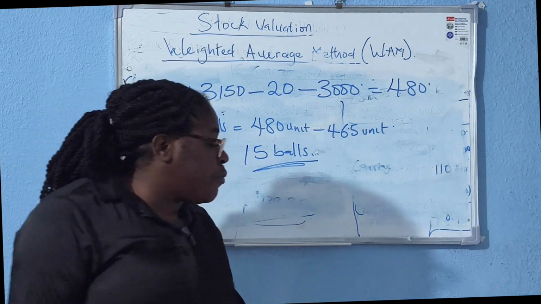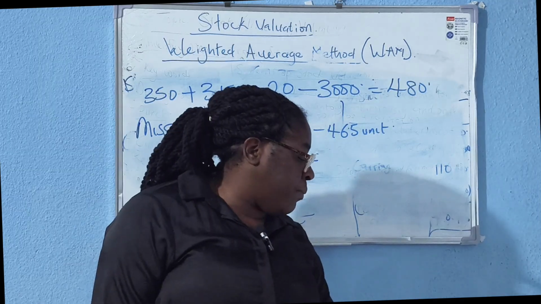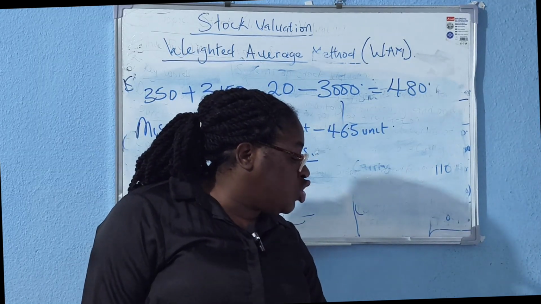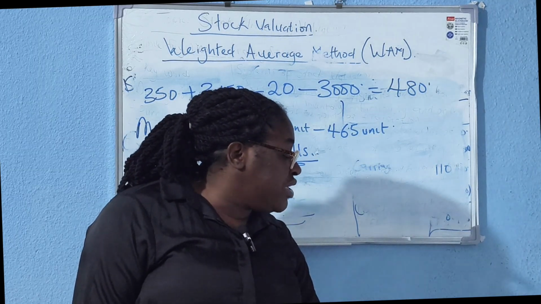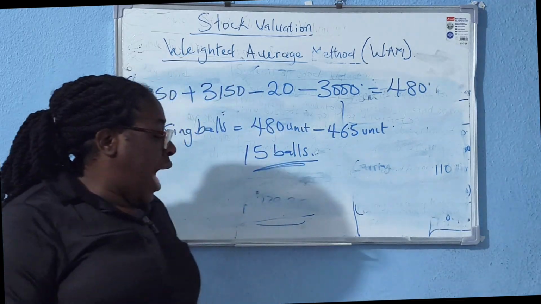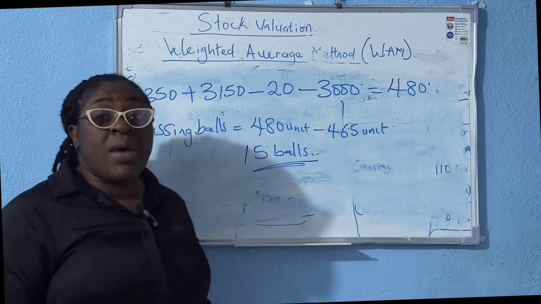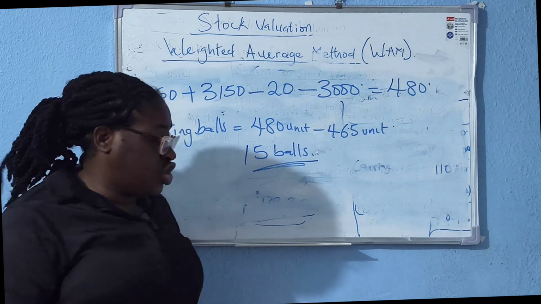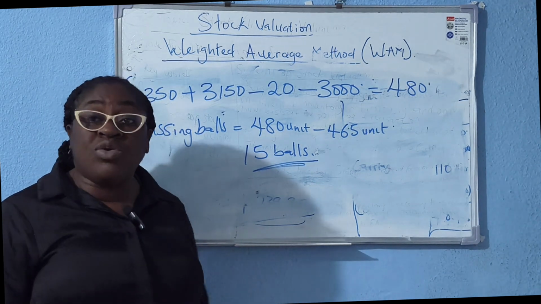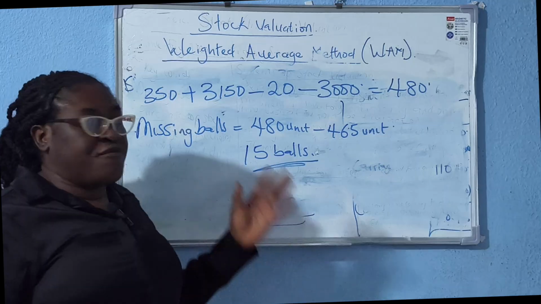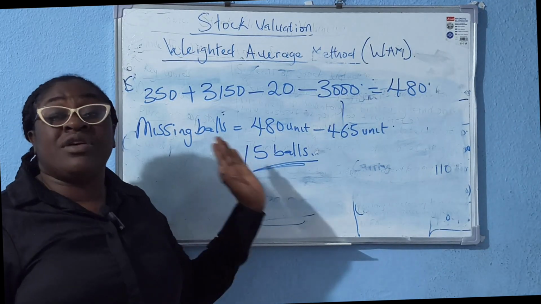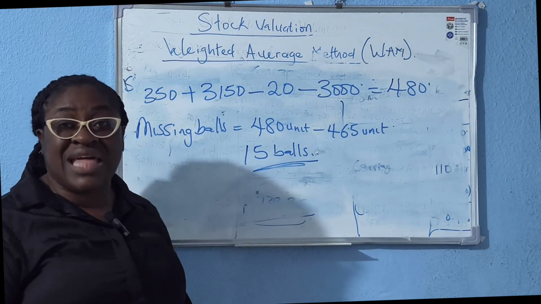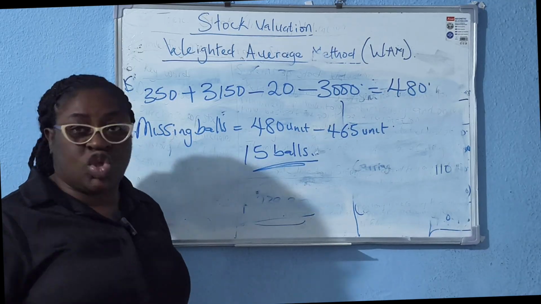So how can Pope solve this problem? We are asked, how do you solve the problem of missing stock? Your advice should be Pope should count the stock regularly. The fact that Pope is using periodic system means that they don't count the stock regularly.